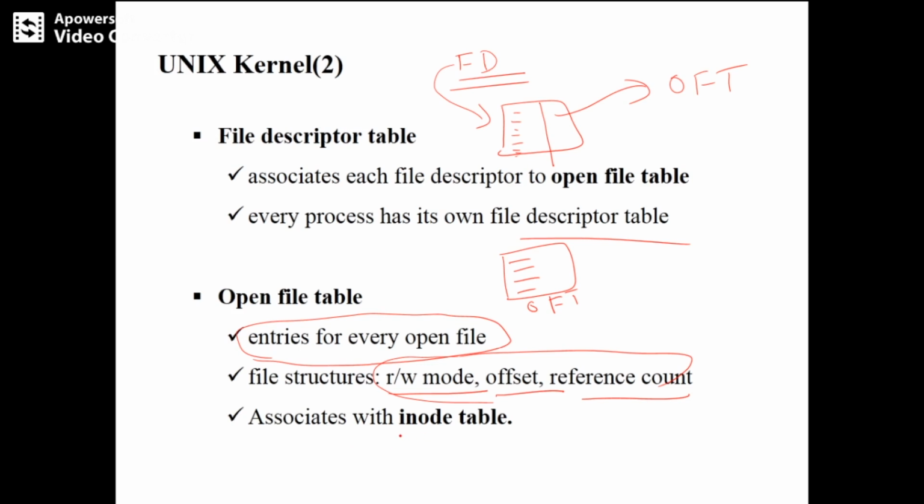It associates with the inode table, so the open file table will be connected to the inode table. So file descriptor table is going to connect to open file table, and whenever a file is opened, an entry will be sent to open file table, which has all the entries for every open file, and that will be connected to inode table.